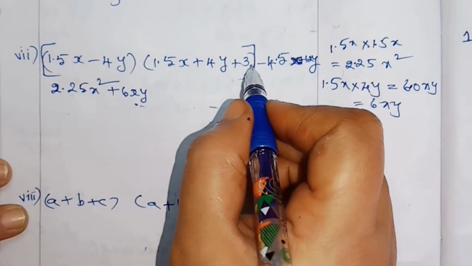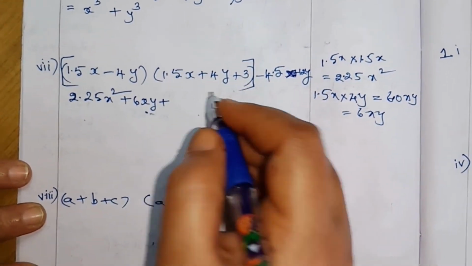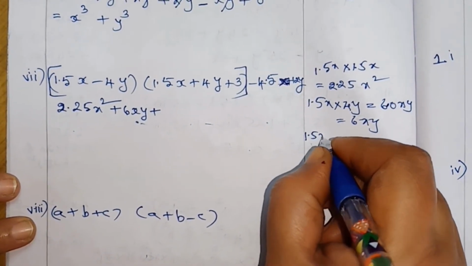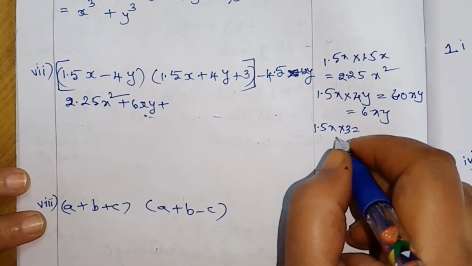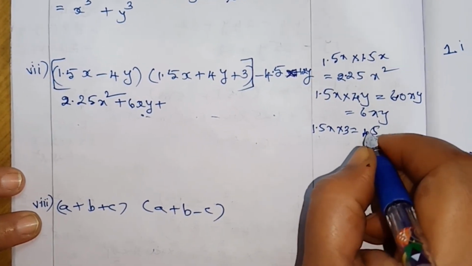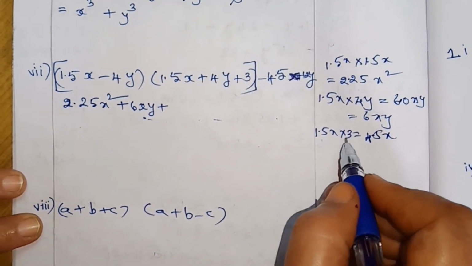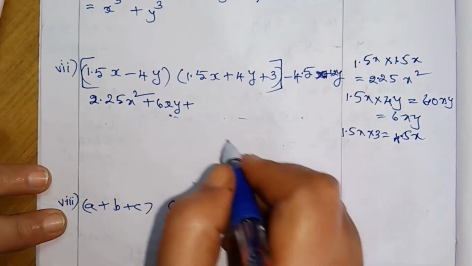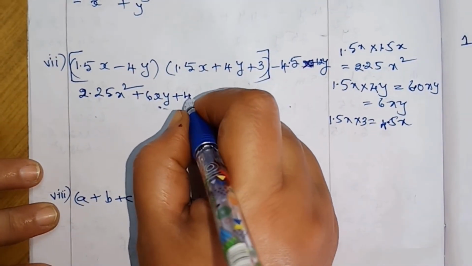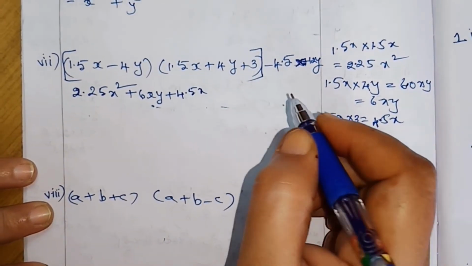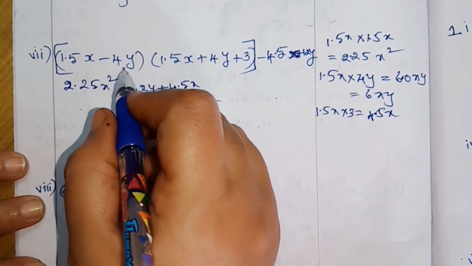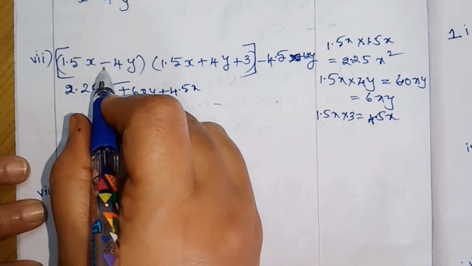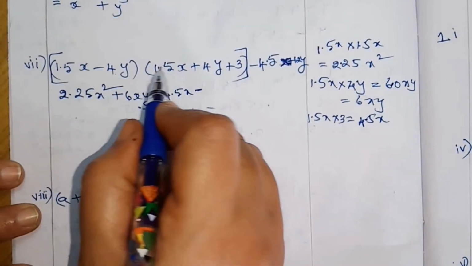1.5x into 3 is equal to 15 3s are 45, and point moves 1, so it is 4.5x. Next, take minus 4y and multiply them. Minus into plus is minus. 15 fours are 60.